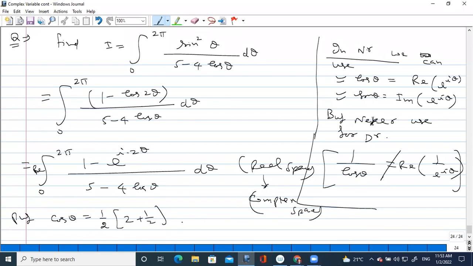And e to the power i theta I can replace by z. So e to the power 2 i theta will be replaced by z square, because I have this term. Now one more thing, d theta will be written as dz upon iz. So this much conversion I will do in this equation, then real space will be converted to complex space. Okay, so note it down.